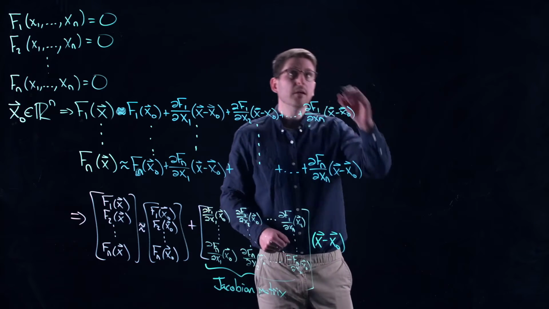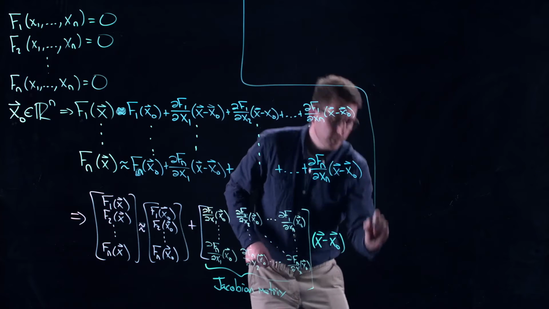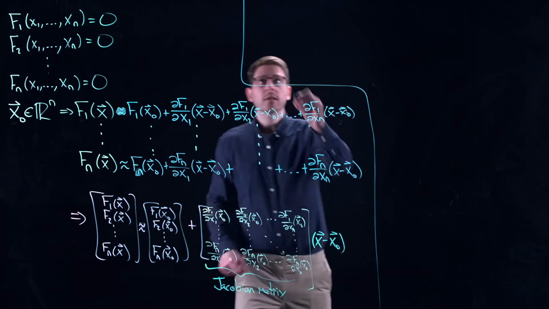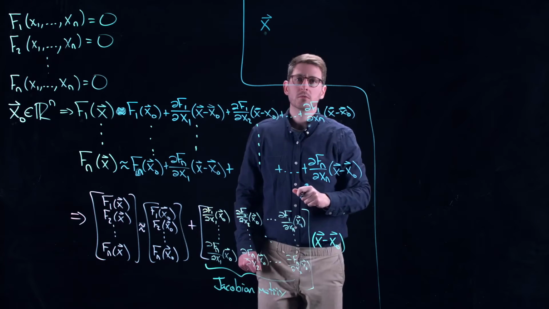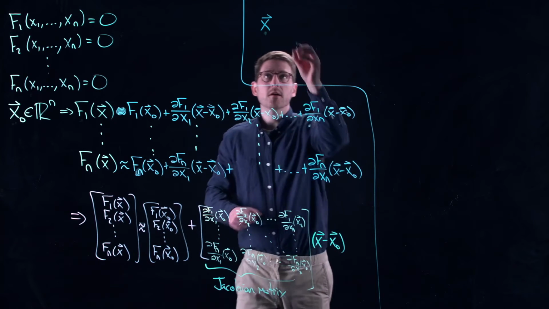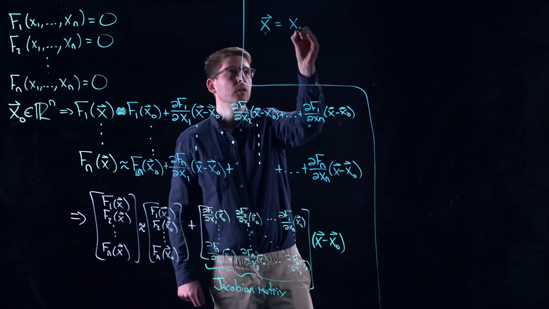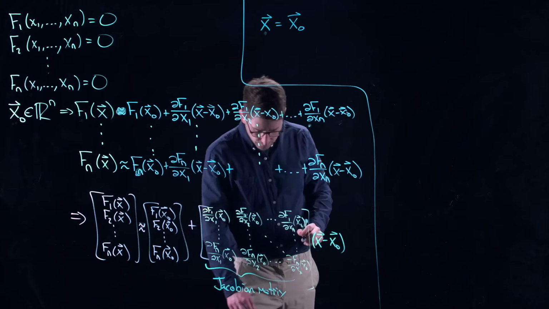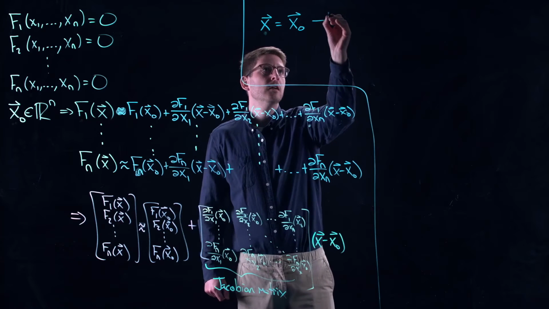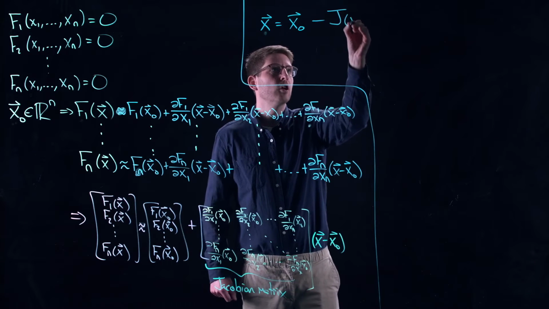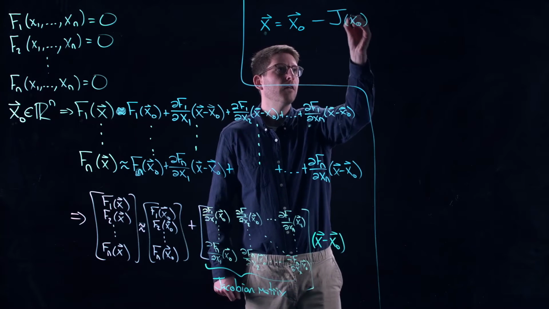And so let me do it up in the corner here. What this would give me is that my better root, given in terms of my old root, follows this form. So in this case, I get minus J, using J for Jacobian of x0.